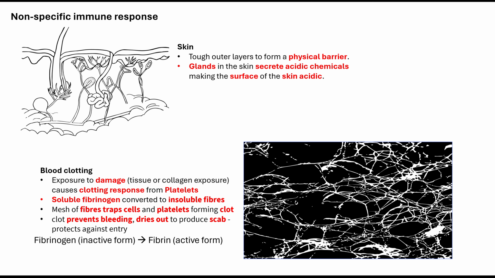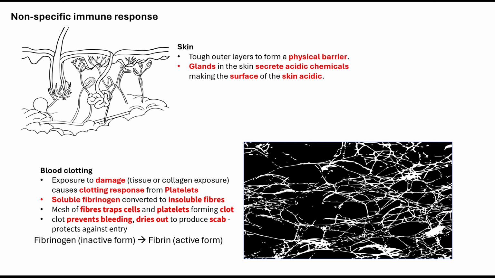Now, the minute it gets converted into this insoluble fibrin, this mesh of fibers actually traps your blood cells. So therefore it's going to trap your erythrocytes, trap your platelets, and form what's known as a clot, therefore preventing the blood from flowing out of the closed circulatory system.